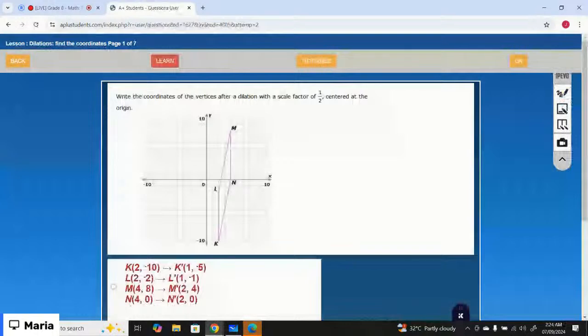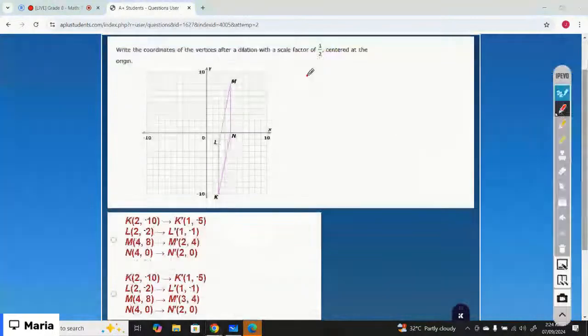Okay, write the coordinates of the vertices after a dilation of 1 over 2 centered at the origin. So you have to write down the coordinates. Okay, so the coordinates of M are 4 and 8.